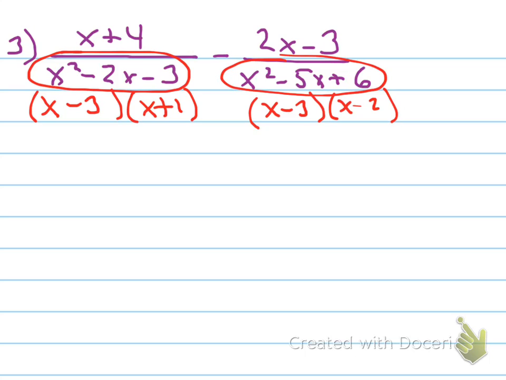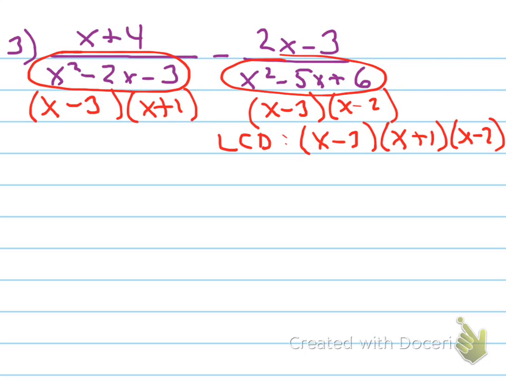So the least common denominator here is the product of the different factors I see. The least common denominator is x minus 3 times x plus 1 times x minus 2. And one thing I want to point out here is that even though x minus 3 is a factor of both denominators, the highest power with which it appears in either denominator is the first power.